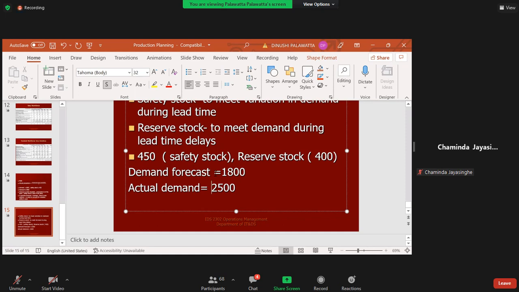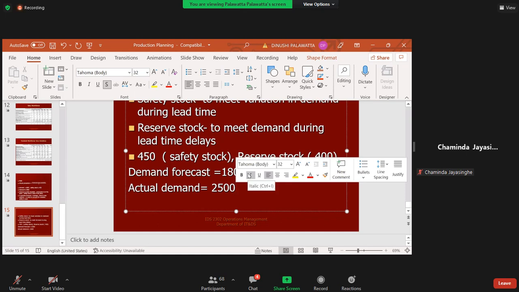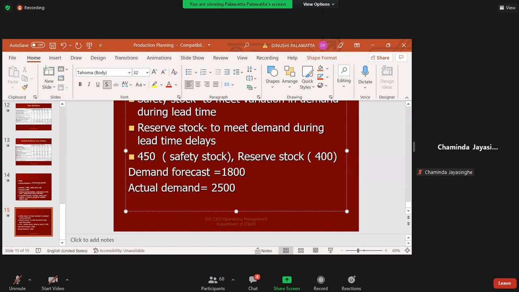So when we calculate the order quantity, I will discuss this part in the next week's inventory management lecture. How the order quantity involves the demand during lead time, and to account for that, safety stock and also reserve stock.